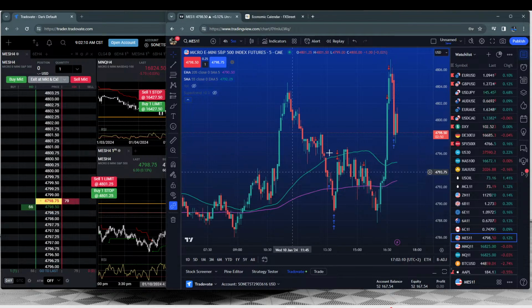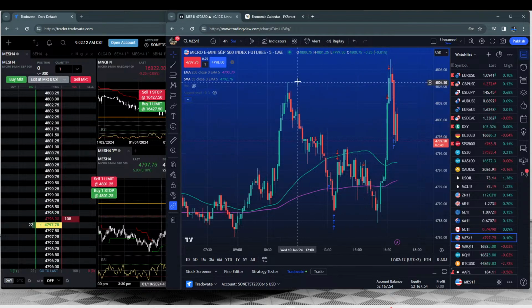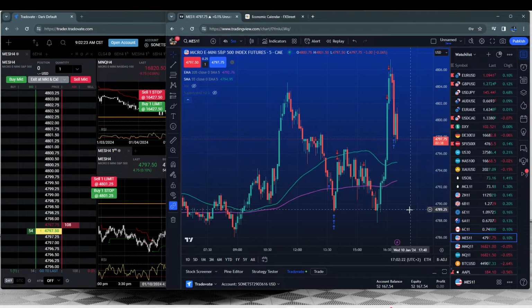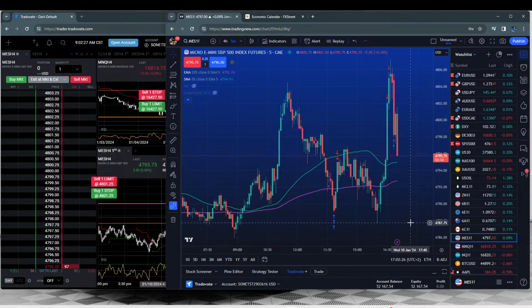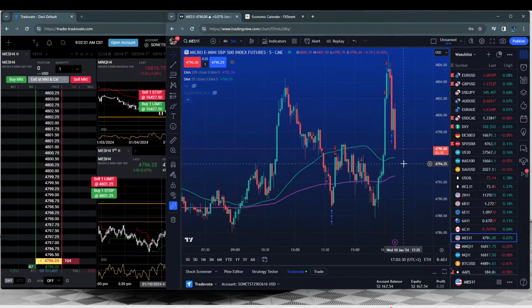Okay, now that we are flat, let's reevaluate the situation. We went up here, tested the highs, reversed lower, currently near the opening of the market. Now I would like to see a move lower below the low of the day, and put probably a short.